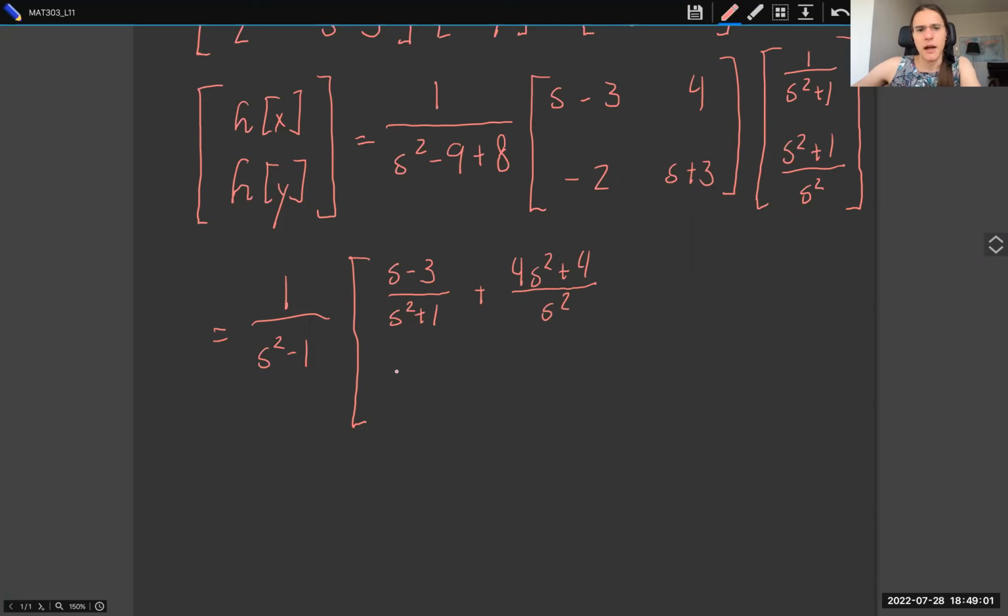Then we're going to get minus 2 over s squared plus 1. And then we're going to get, well, I guess I can do the multiplication out. So it's going to be s cubed. Then the s squared term, it's 3s squared. Then for the s term, it's going to be 1. And then for the constant term, it's plus 3.